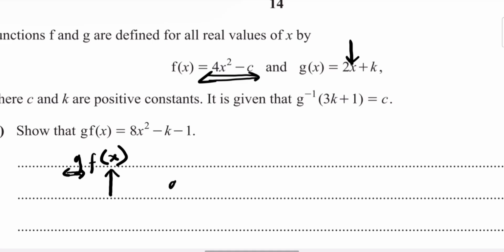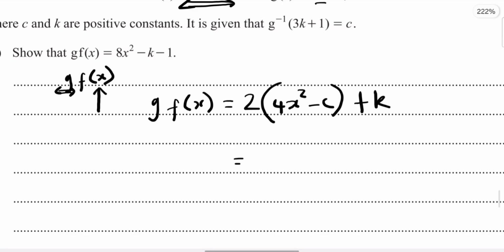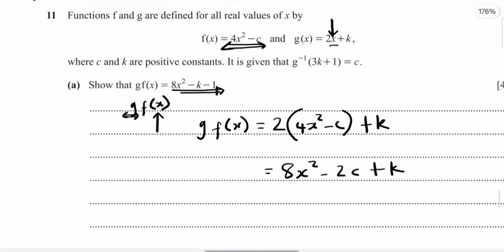So let me write it like g f of x will be equal to 2, in place of x, we're putting 4x squared minus c, which is our f of x, plus k. And this will come down to be 8x squared minus 2c plus k, right? But if we look at this, we do not have a c. So we're going to try and get this c off the expression.